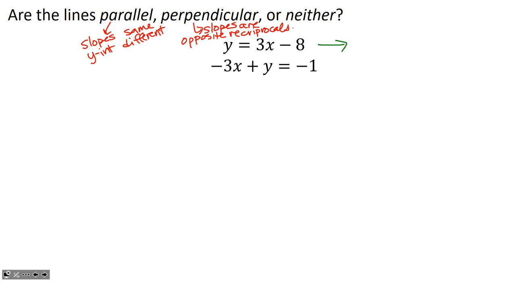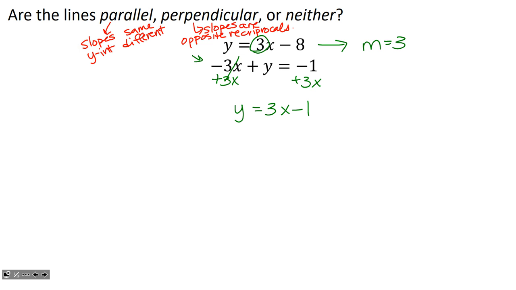So let me look at this first equation here. y is equal to 3x minus 8. So this is y equals mx plus b. I can just read the slope right off of that. This second equation here is not in y equals mx plus b form, so I'm going to have to solve for y. In order to get y by itself, I'm going to add 3x to both sides. I have y is equal to 3x minus 1.